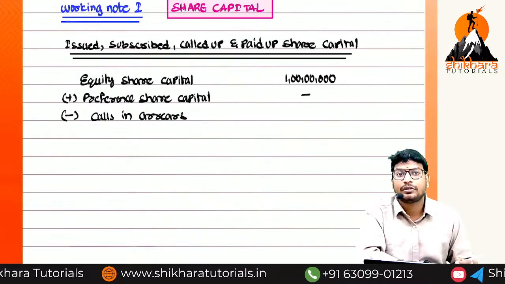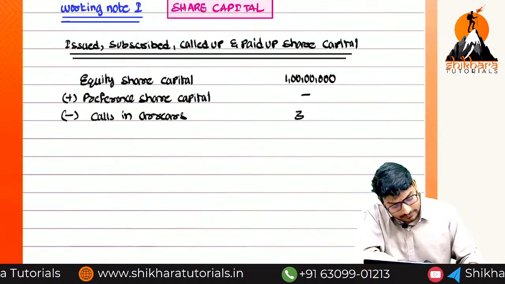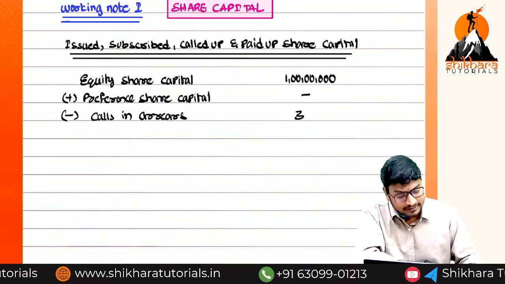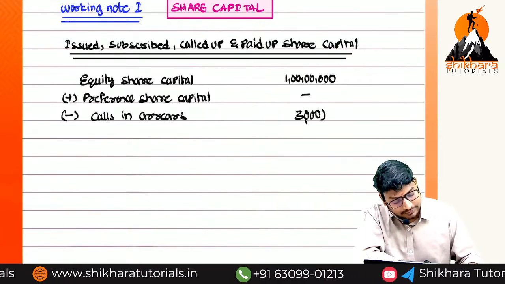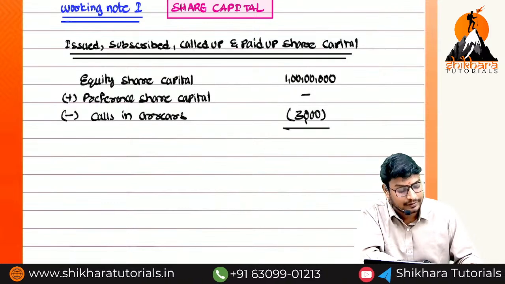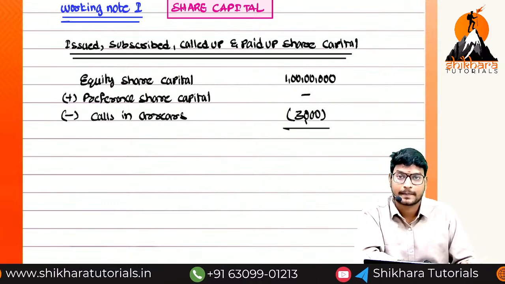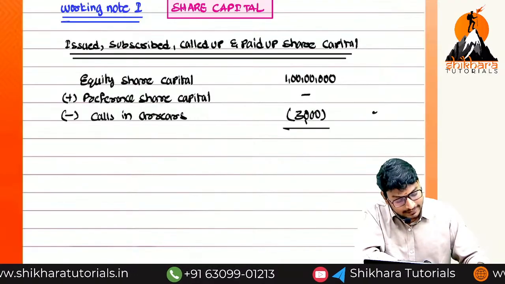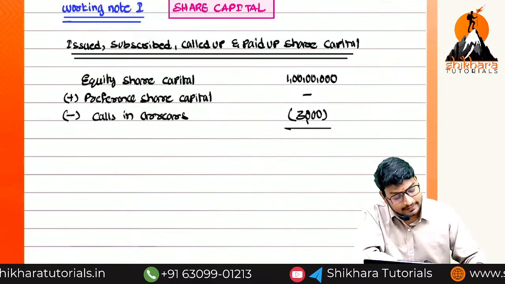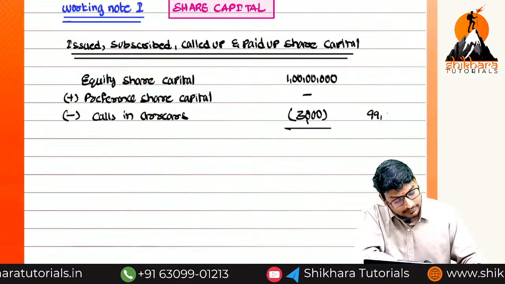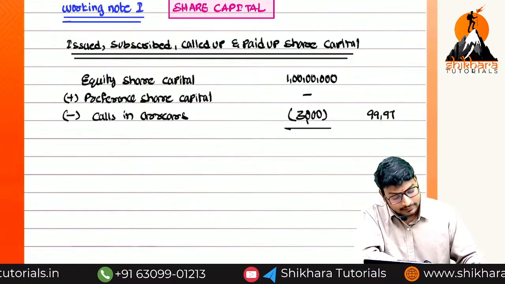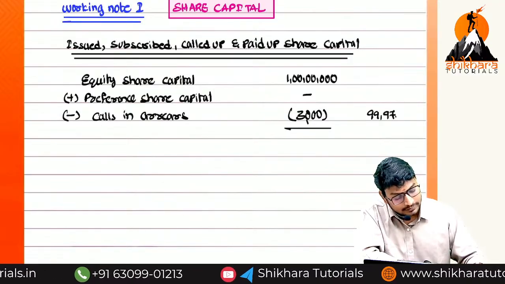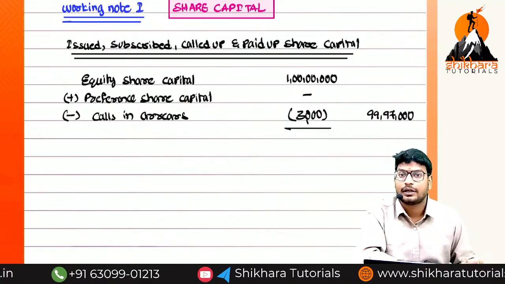Now what is the amount of calls in arrears? 3000. If you reduce, how much amount is available? 99 lakhs 97,000. Are you getting the point?